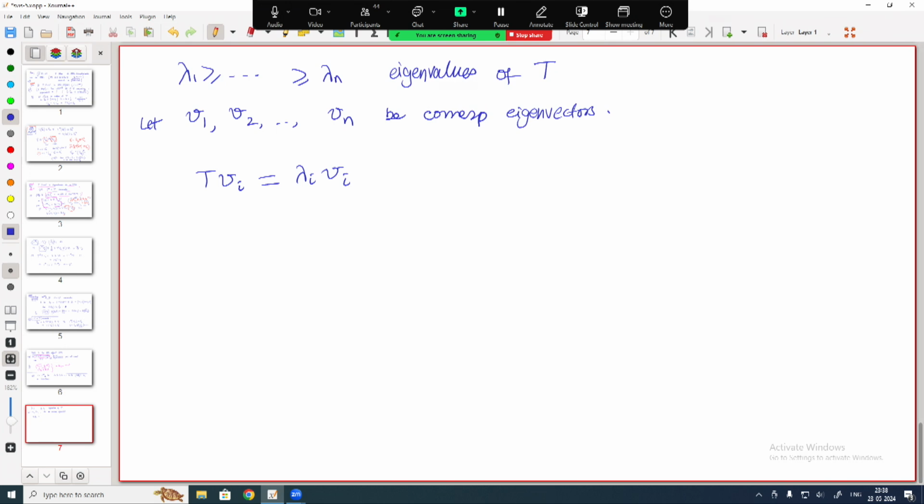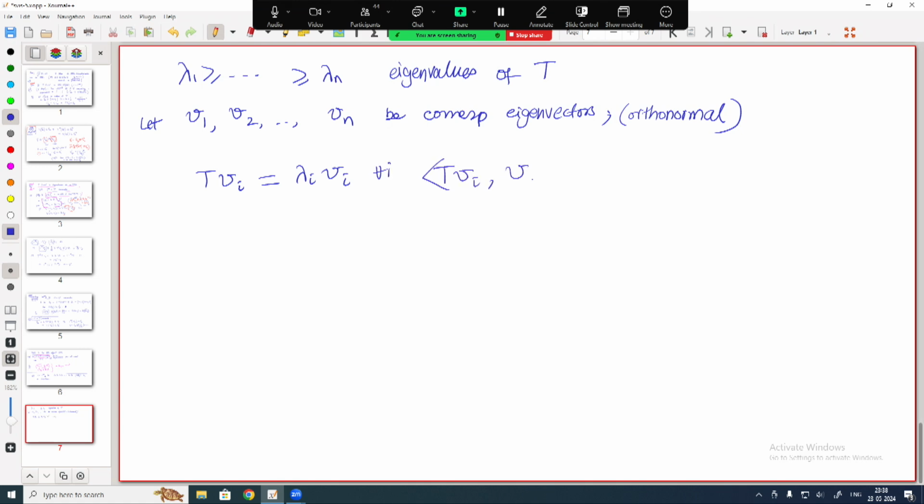I am also going to normalize them, and I will ensure that they are orthonormal. So, let me take the orthonormal basis. You can always choose an orthonormal basis of eigenvectors, and this is true for all i.